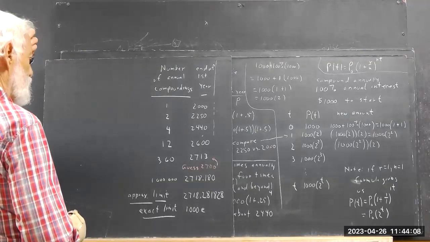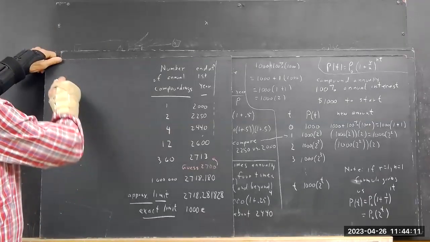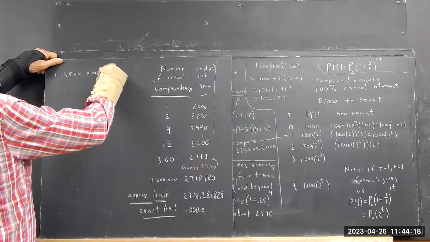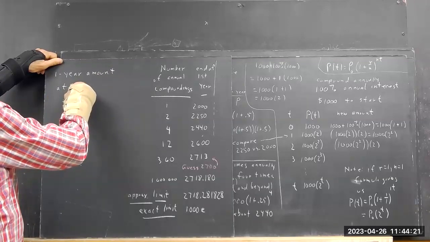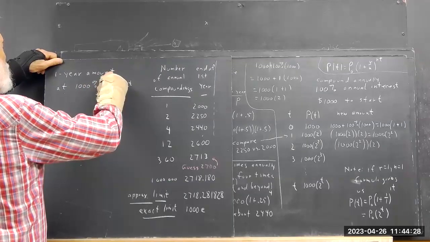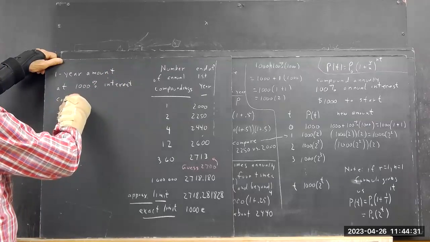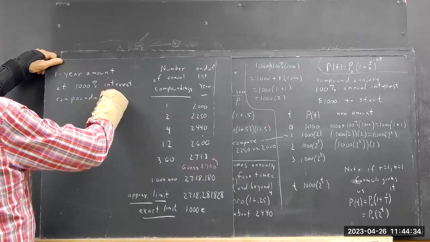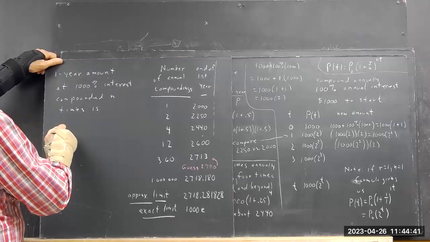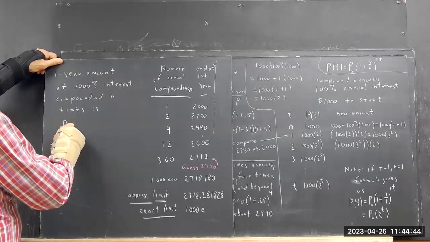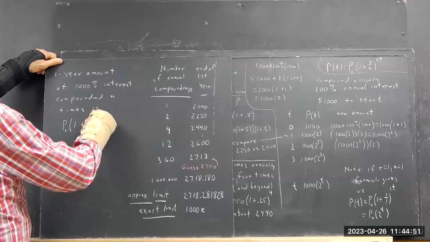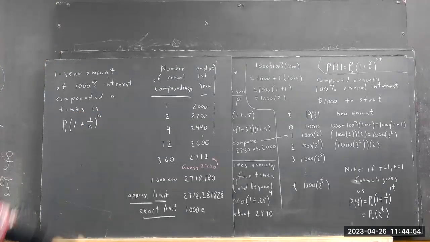Okay. So it's P naught times 1 plus 1 over n to the n, right?